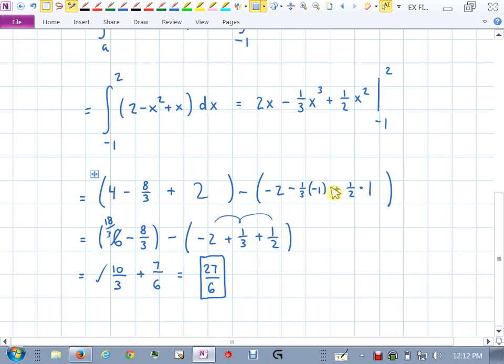I thought I plugged it in right here. I plugged 2 in right here. Plug negative 1 in right here, right? Oh, negative 1 here. Negative 1, positive.